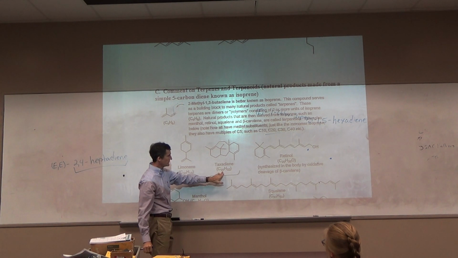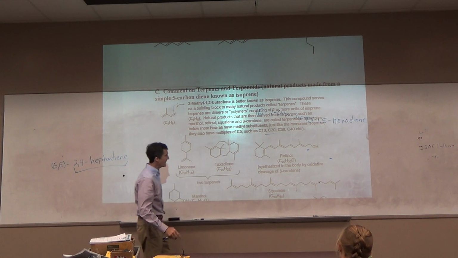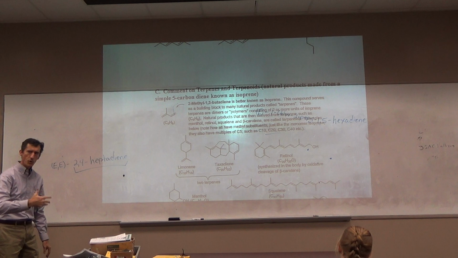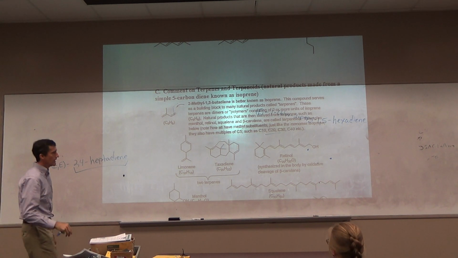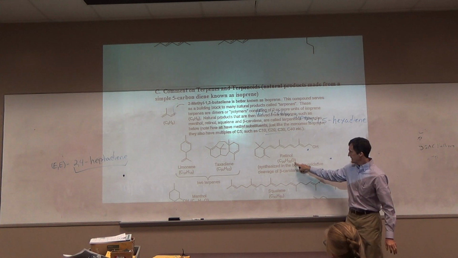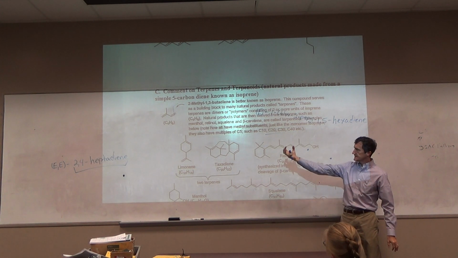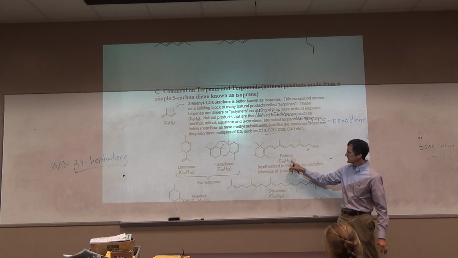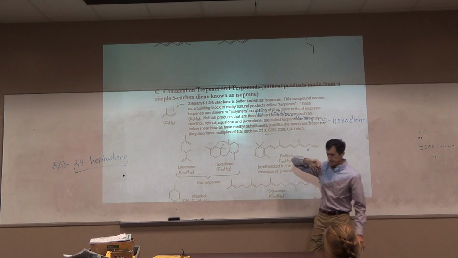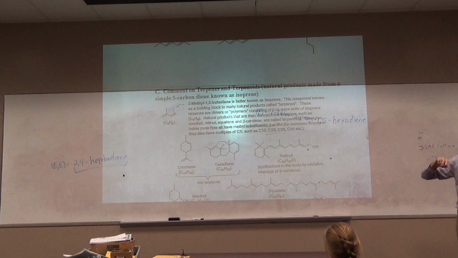Some of these are not exact dimers because sometimes it may be a dimer, a trimer, and then elimination of water or something, or maybe water is added. Whenever it's not an exact dimer or trimer, instead of it being called a terpene, it's called a terpenoid. The terpenes are exact multiples of isoprene.